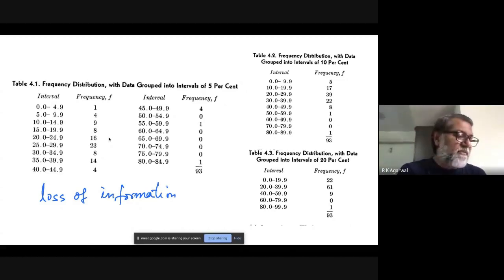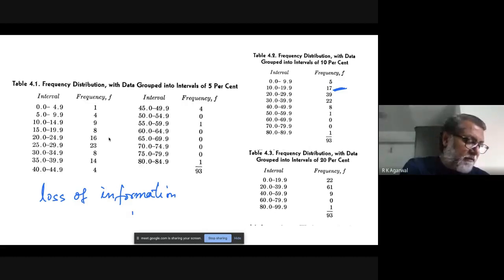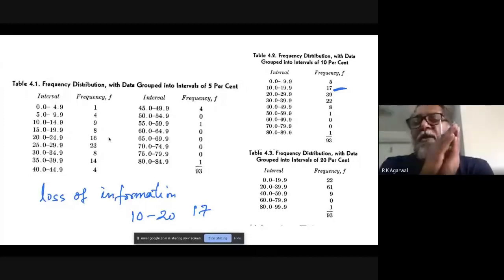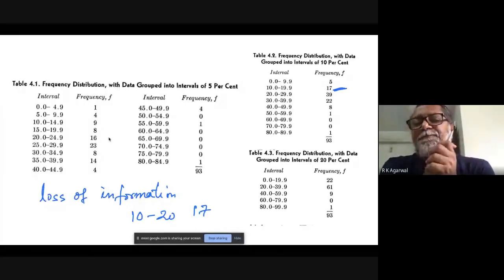So think of this 17, which falls in the category 10 to 20. This is the class and the total frequency is 17. Now, what does 17 mean? That there are 17 municipal districts where the voter turnout is between 10% but less than 20%.